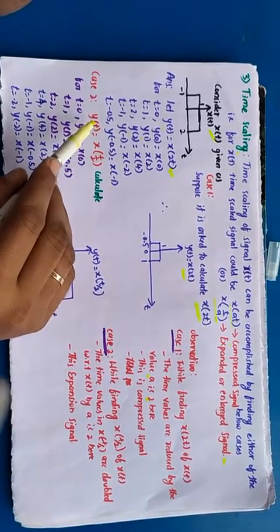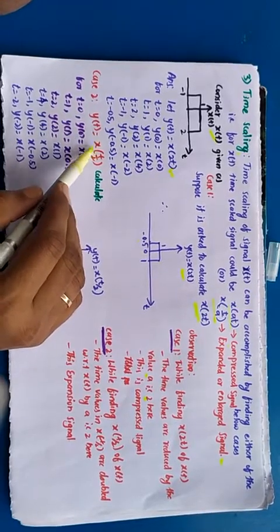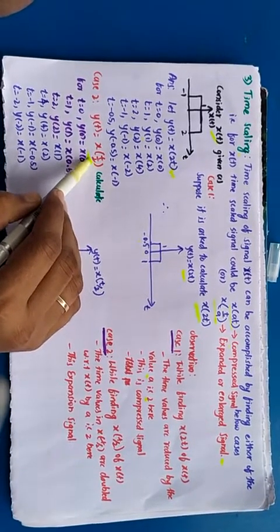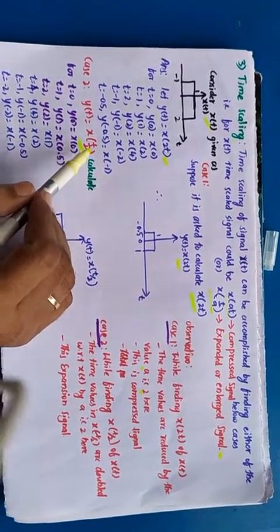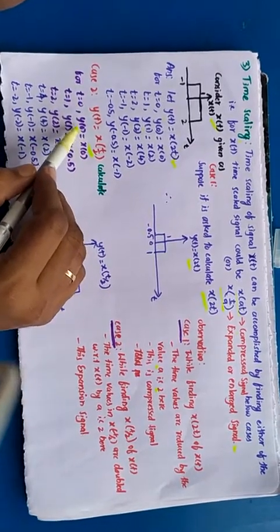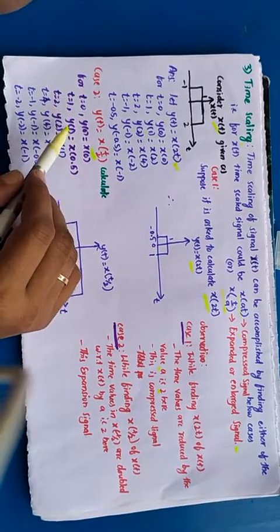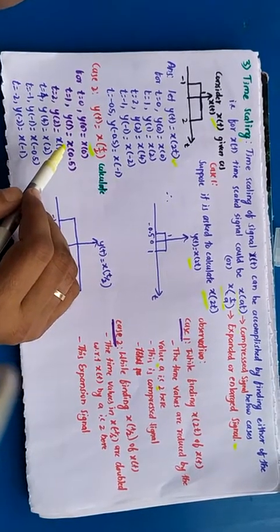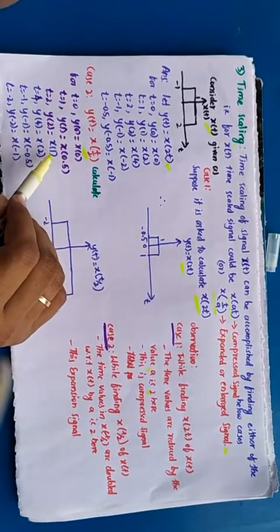So we will take one more case, that is the second case. If you are asked to calculate x of t by 2, then we will substitute values according to t/2 here. So for t equal to 0, y of 0 equals x of 0 only. For t equal to 1, y of 1 will be x of 0.5, y of 2 will be x of 1.